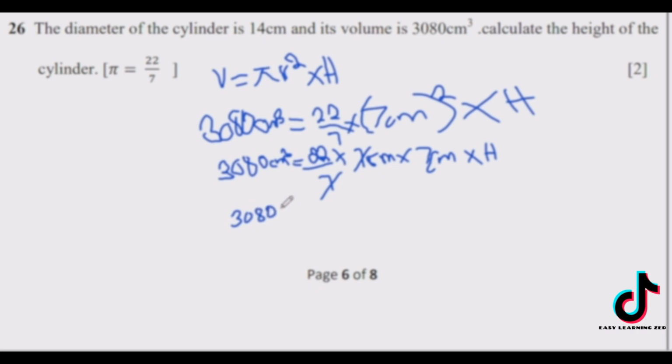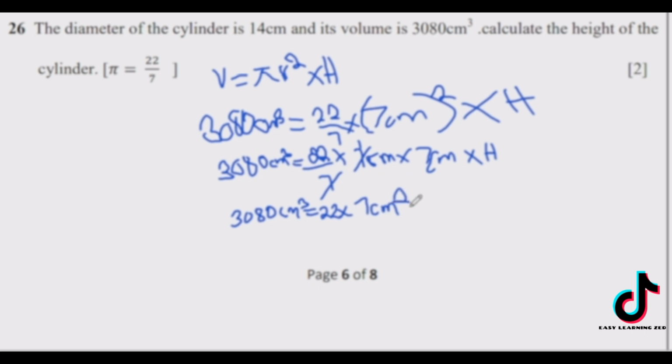3080 cubic centimeters is equal to 22 times this 7, then 7 centimeters. Remember here it's cubic. Here we are remaining with 1 centimeter, so we say 1 centimeter times 7 centimeters, which will give us 7 centimeters squared.